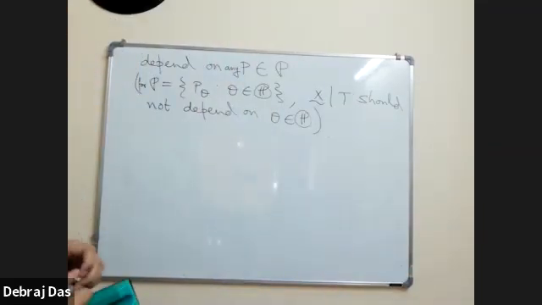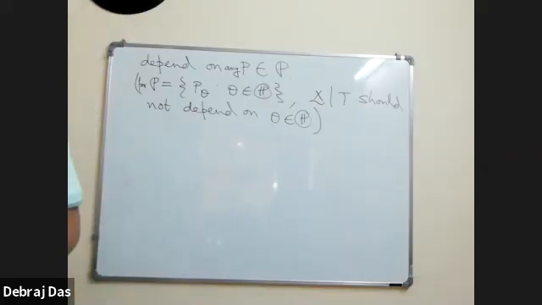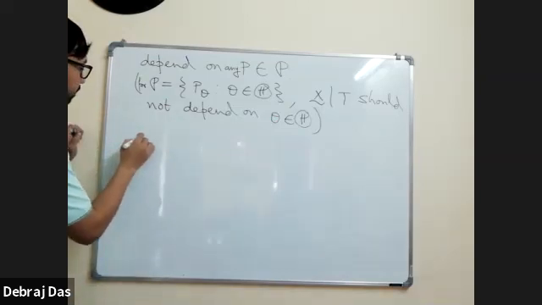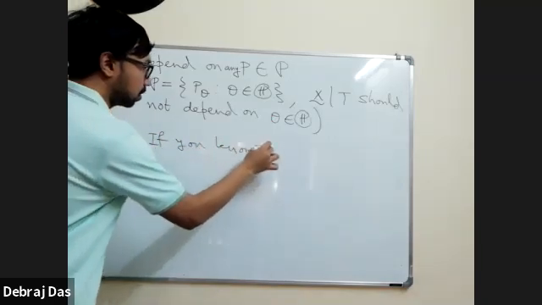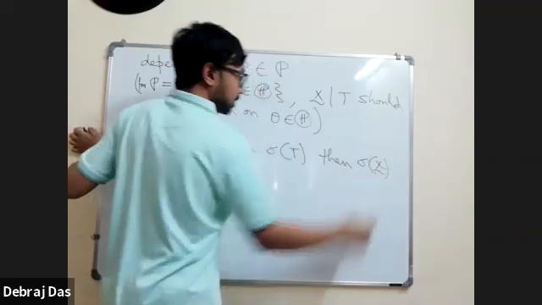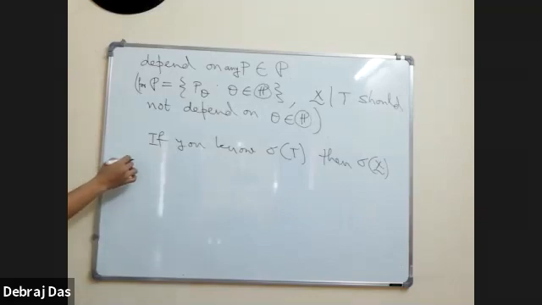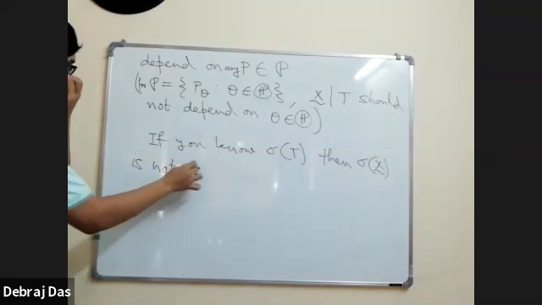Could you just explain that third statement? Conditional distribution does not depend on any P. Okay. So you understood the second one, right? The second one tells you that if you already know sigma of T, then sigma of X curl is not required anymore.